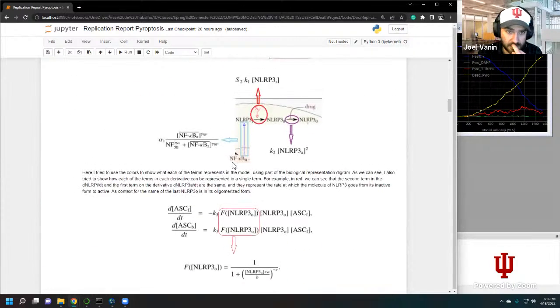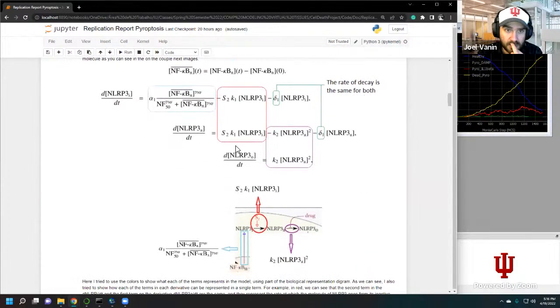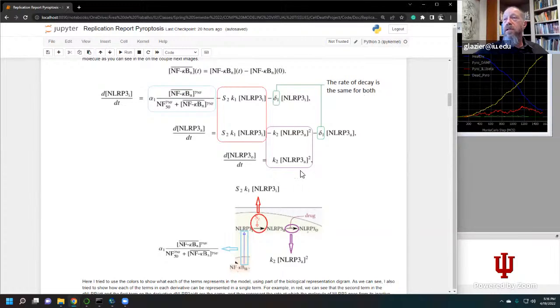Here is the equation for NLRP3A. Yeah, it's 2. Look, you're using up 2 of them there. Or rather, the rate is, okay.